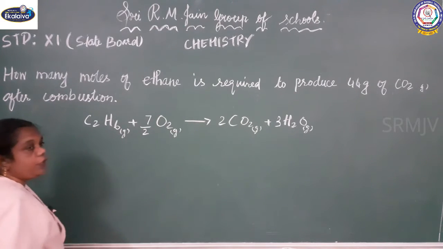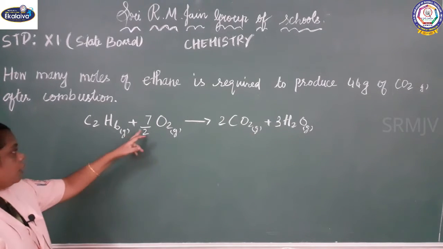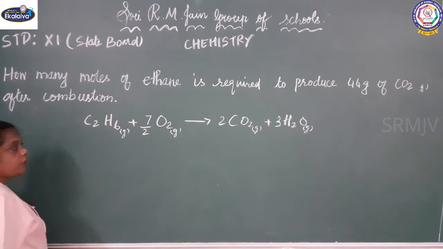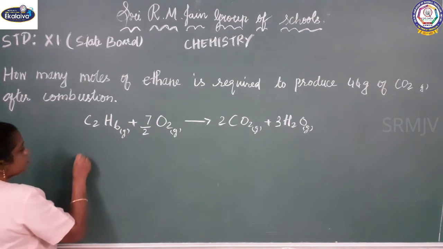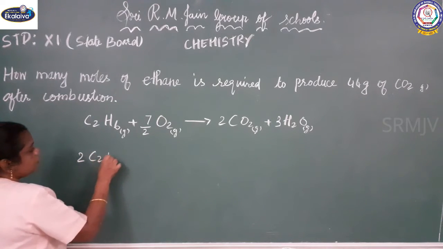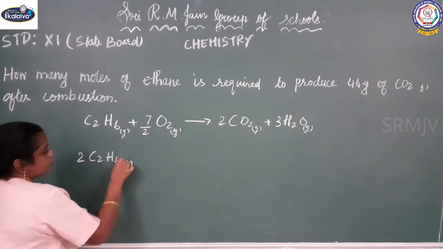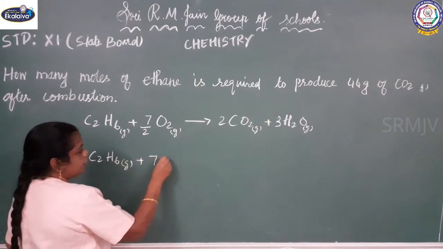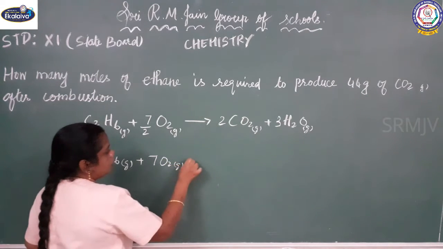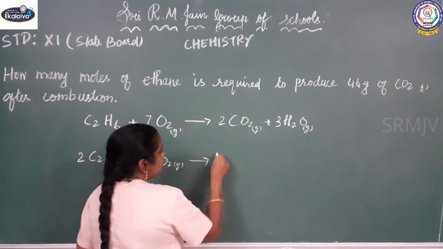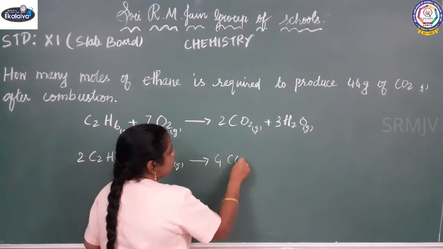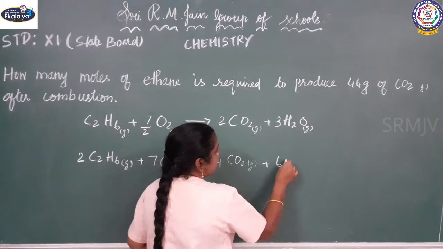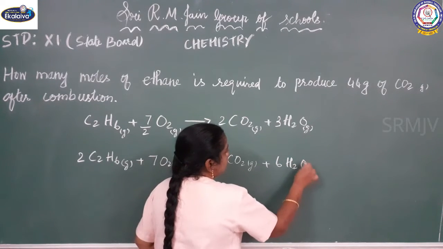Now you correct this fraction. If you multiply the whole equation by 2, the fraction gets cancelled. So it becomes 2C2H6 plus 7O2 gives 4 carbon dioxide and 6 water molecules.